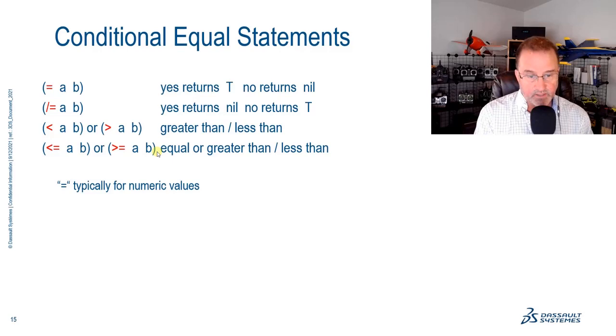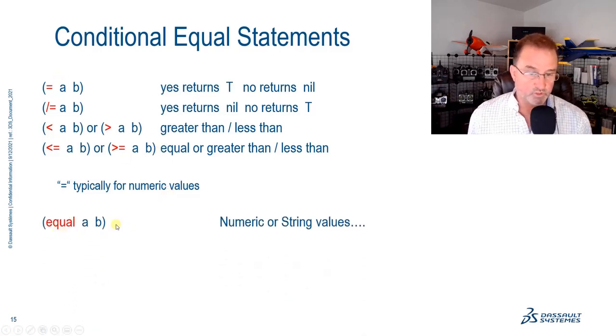Now, again, this goes back to one of those tips where if I'm writing an application or a program that I'm going to use in multiple CAD systems, I might want to stay with the equal symbol for numeric values, but then use the actual word equal for string values. Now, equal, if you spell it out as the word, will do either or. It can evaluate A as a numerical value or as a string value and compare it.